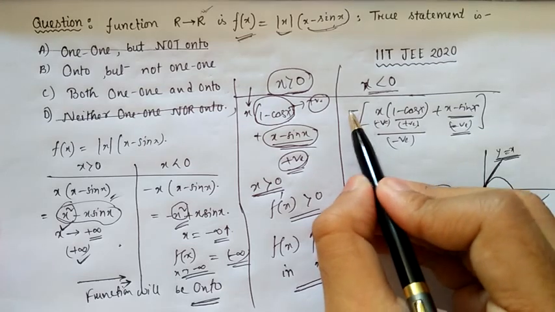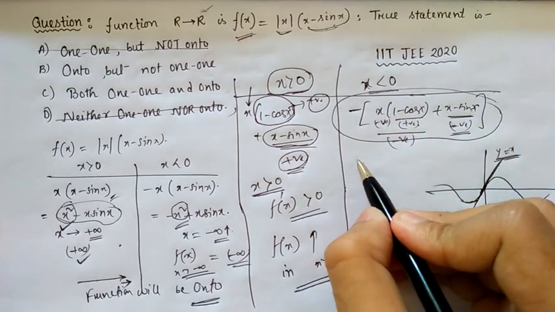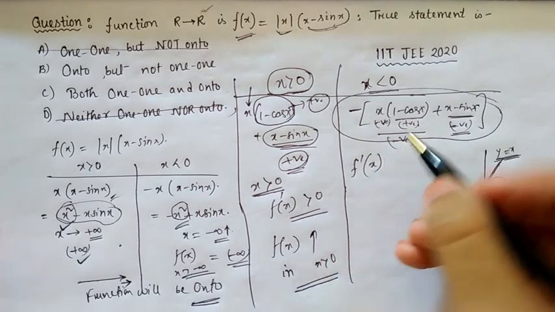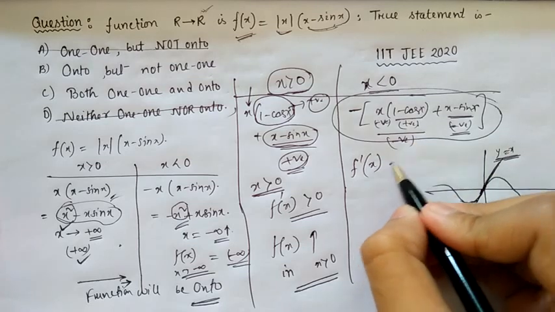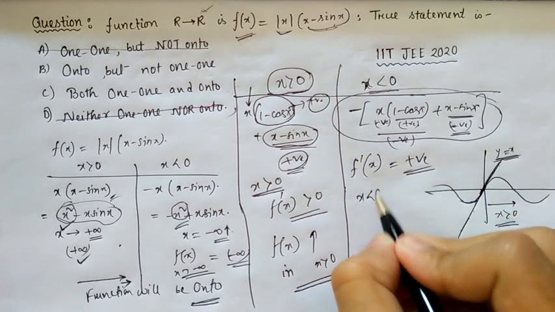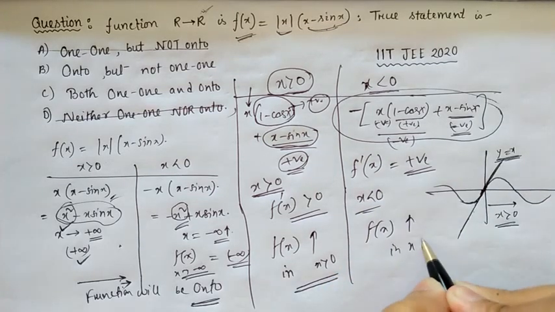And this negative sign remains outside. That means this entire term, which is f dash of x for x less than 0, is positive. That means when x is less than 0, f(x) is also increasing.